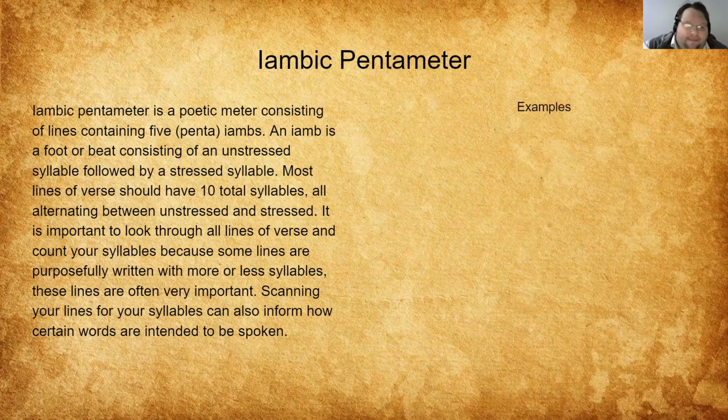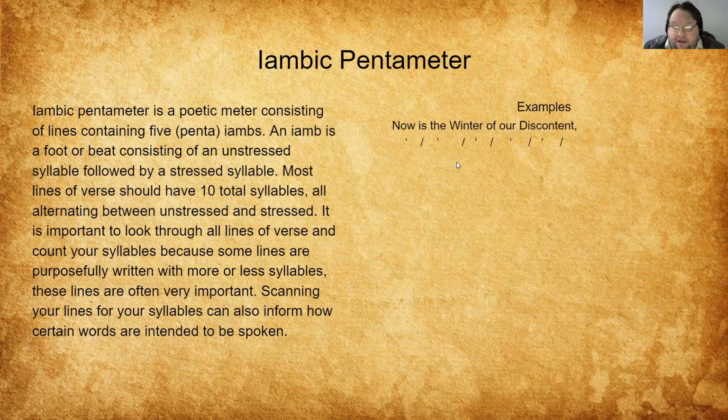So let's look at a couple of examples over here on the other side. We have, "Now is the winter of our discontent," the famous opening line from Richard III. If we look here, we have those different stresses and unstresses.